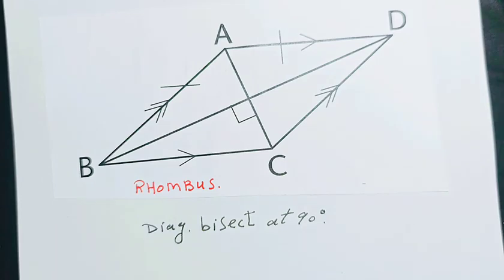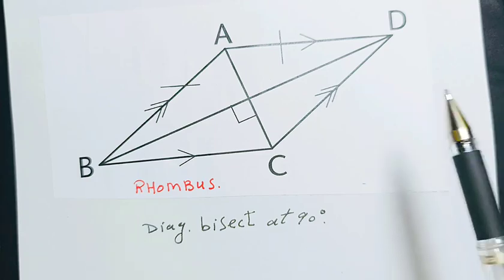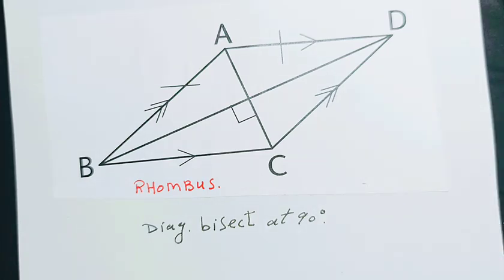Then we can say this is a rhombus. Obviously this is also a parallelogram family, so a rhombus must be a parallelogram. So if they already give you that this is a parallelogram and you have to prove this is a rhombus, then we're going to apply this approach, the diagonals bisect at 90 degrees.